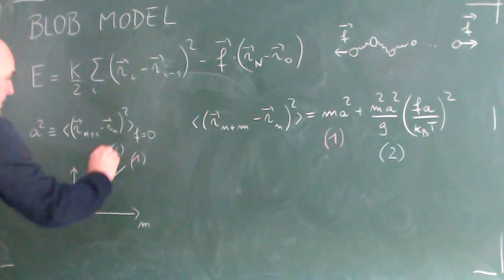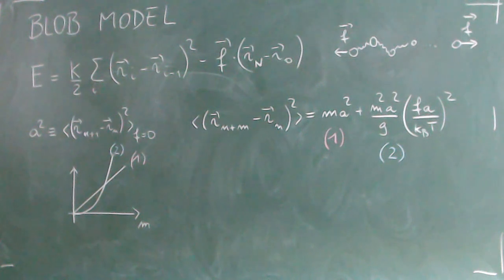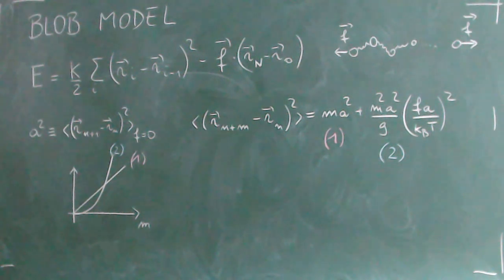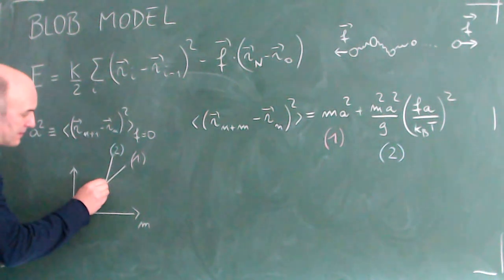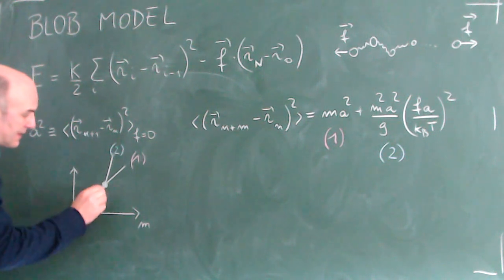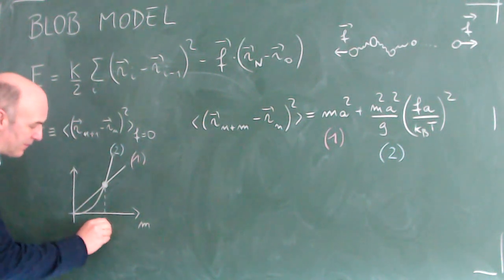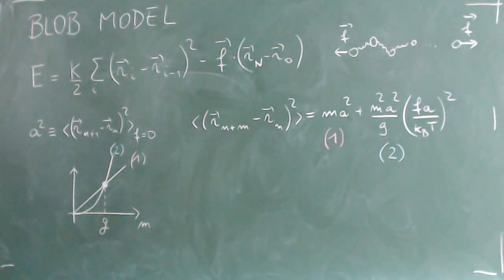I hope it's visible on the video. All right. Okay, so these two define a characteristic monomer number. When I look at the intersection of the two, I deduce a characteristic value of monomer number, which I call g. It's where the two balance, they have the same value.